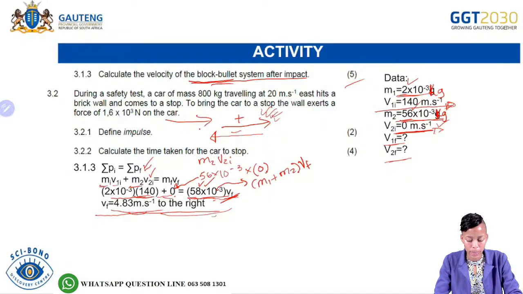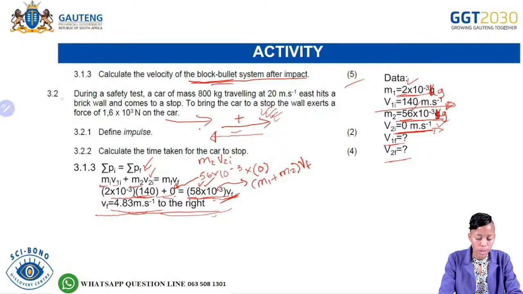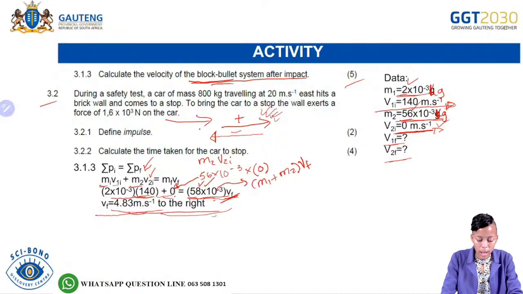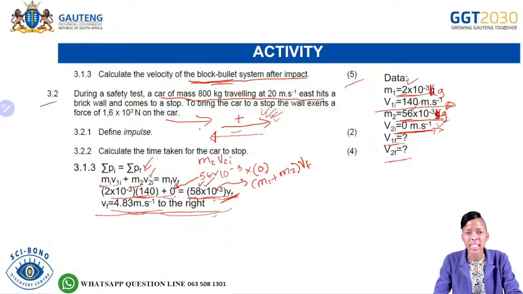Okay. So 3.2 says, during a safety test, a car of mass 800 kilograms traveling at 20 meters per second east hits a brick wall and comes to a stop. What do we have there?